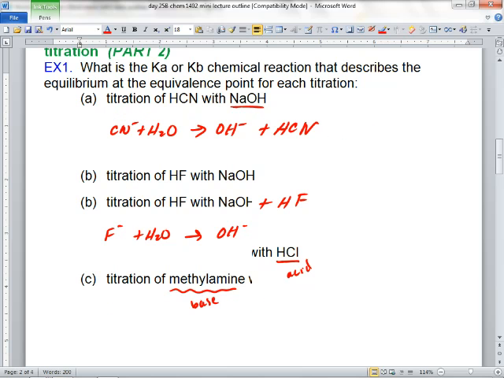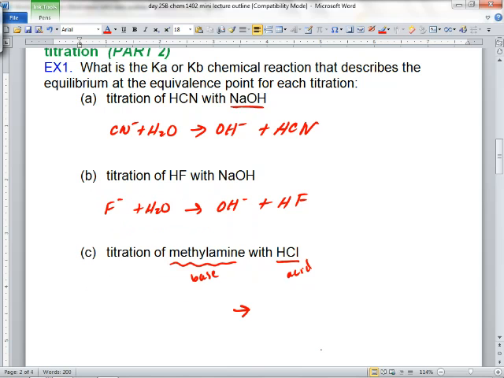Exactly. So what did you say that acid is? What's its formula? You have to write a reaction, find it in the table. What's methylamine? CH3NH2. So if this is CH3NH2, everybody, how can you write a conjugate acid? Add an H plus. Now, where do you want to put the H?